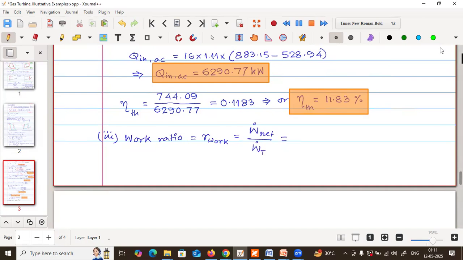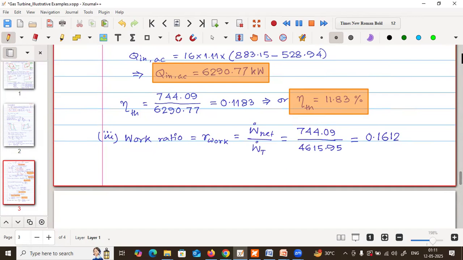So W dot net is 744.09 divided by 4615.95. So this is about 0.1612.